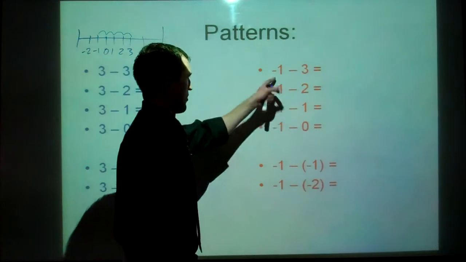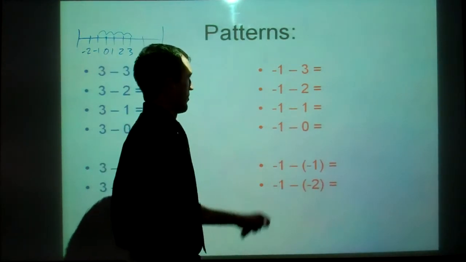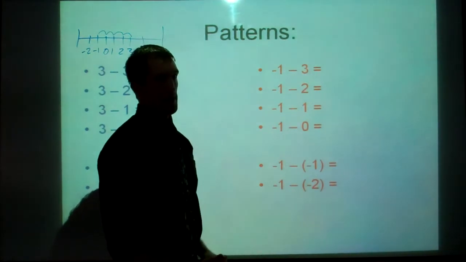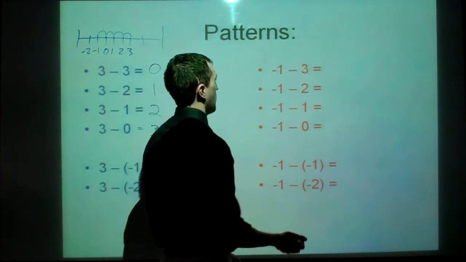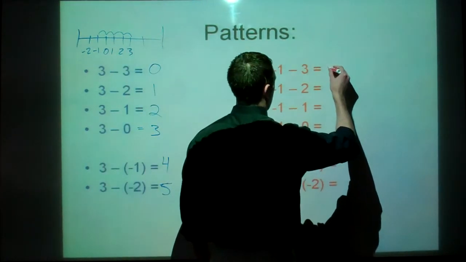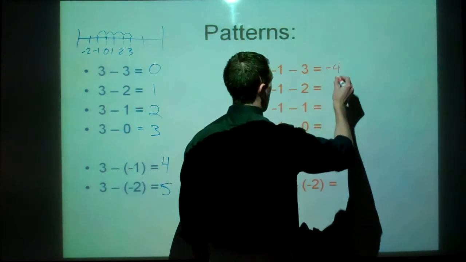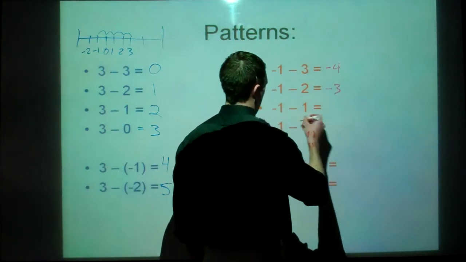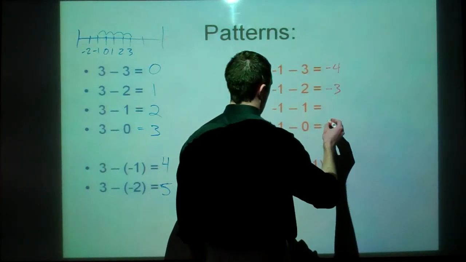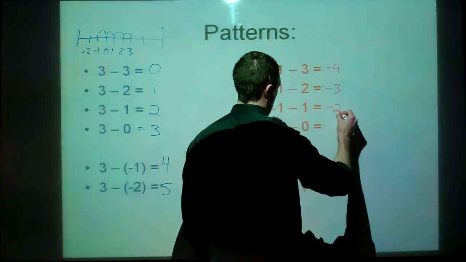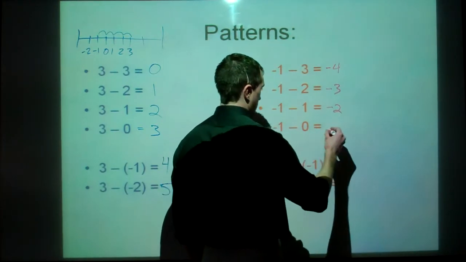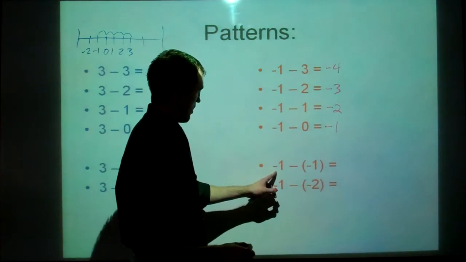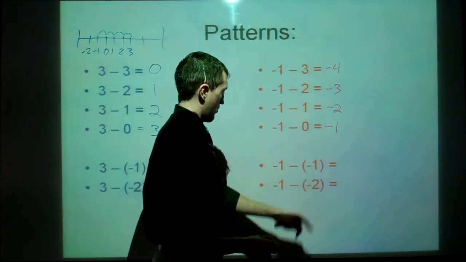Here, this is the notation I was talking about. Technically this is -1 plus -3. That's one way to think about it. But this is -4. This is -3. -1 minus 1 should be -2. -1 minus 0 will be the same thing, -1. -1 minus -1.